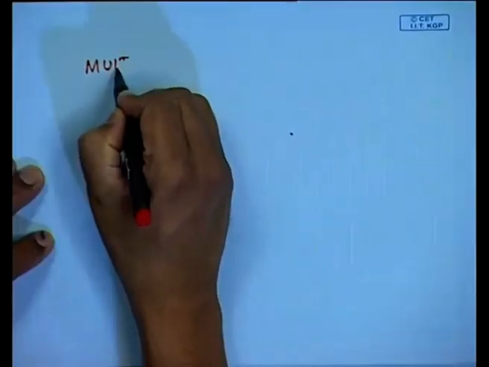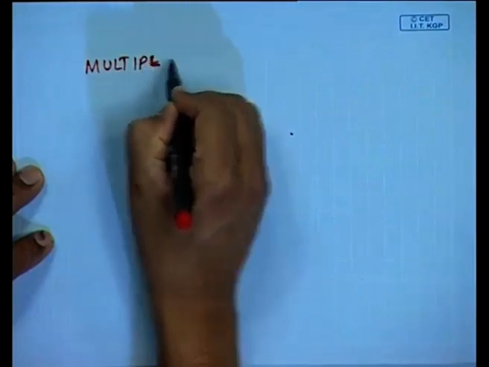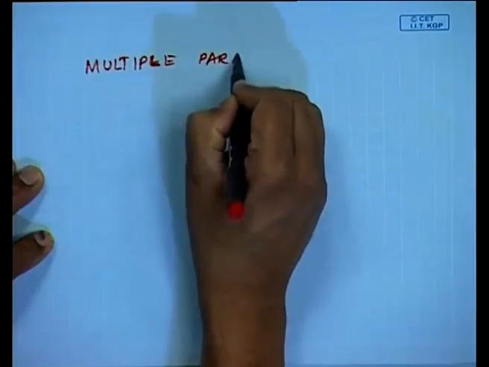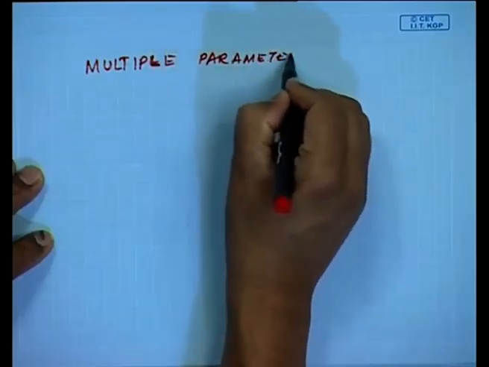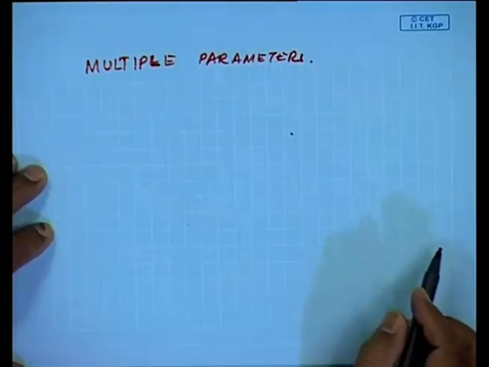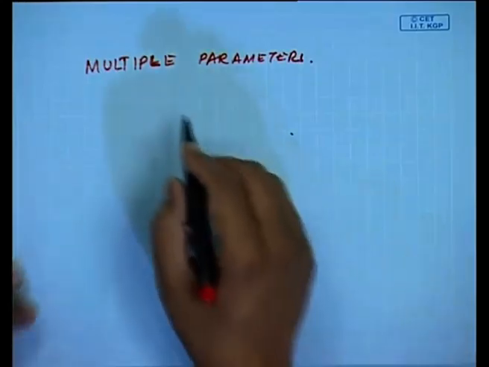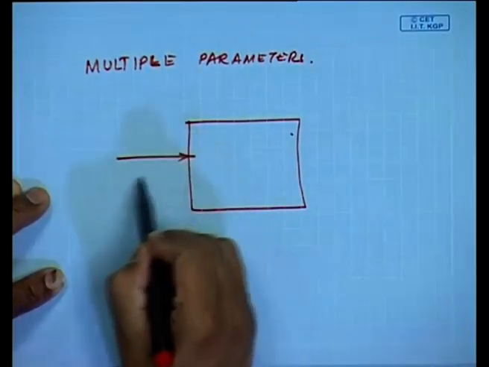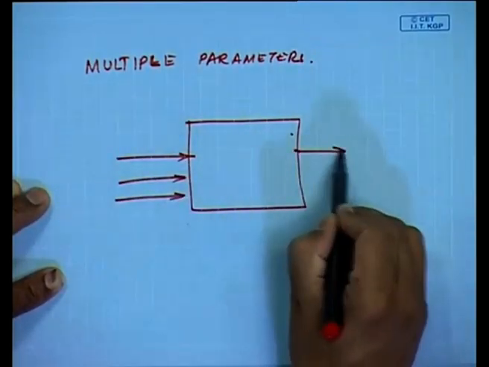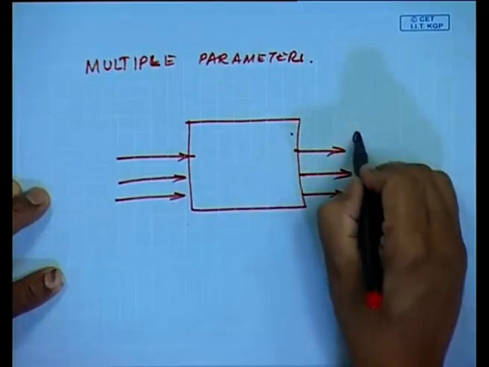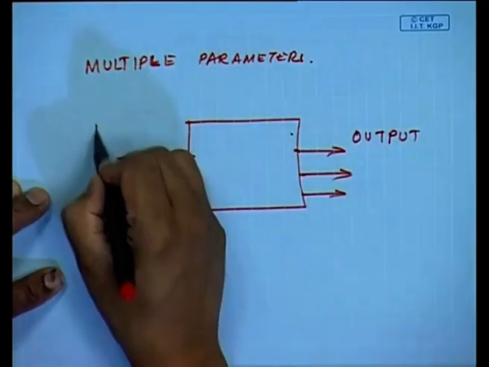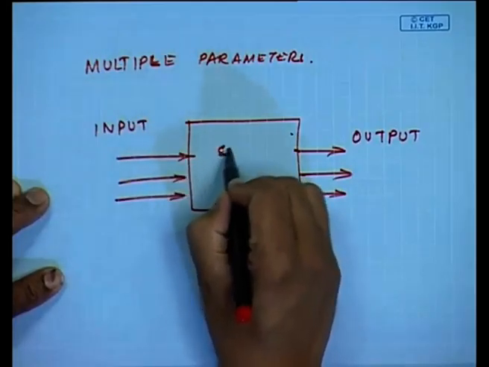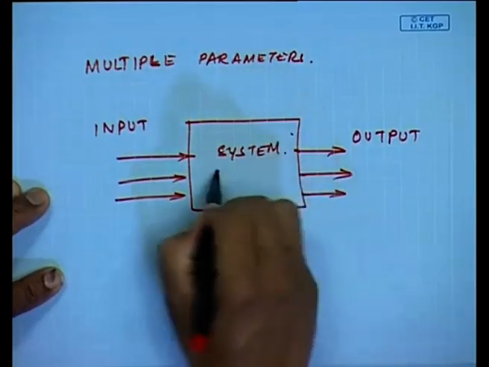But nowadays, when multiple parameters are involved, it becomes impossible to find a straight line fit, and many of the relationships between the input to the system and the output are complex.